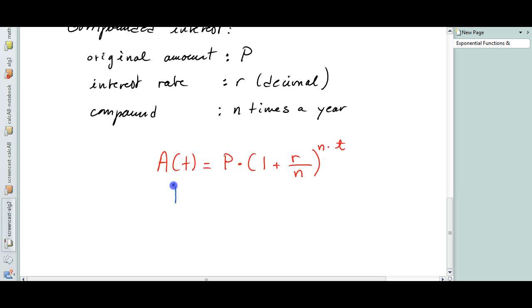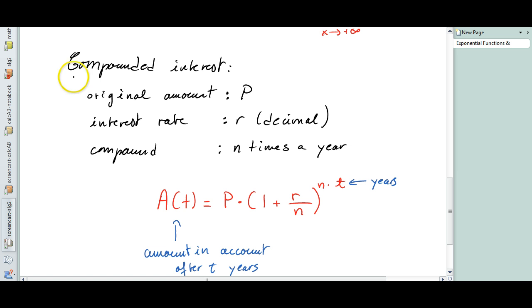This is the amount in account after t years, okay? And this is t. This is in years. This is compounded n times a year.